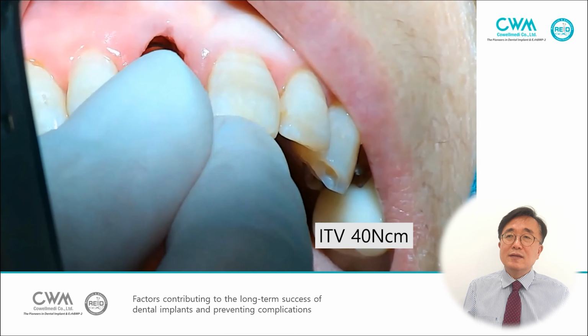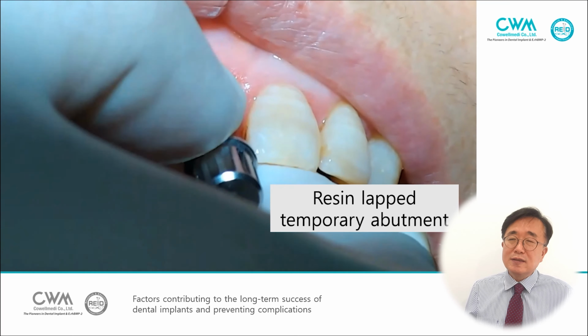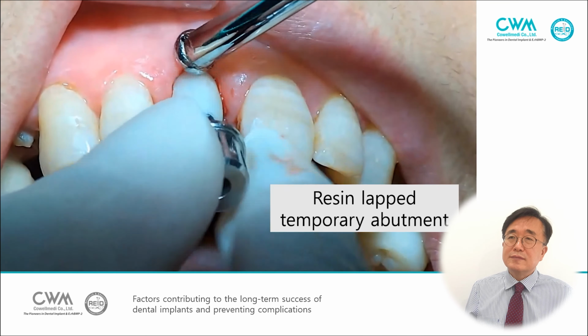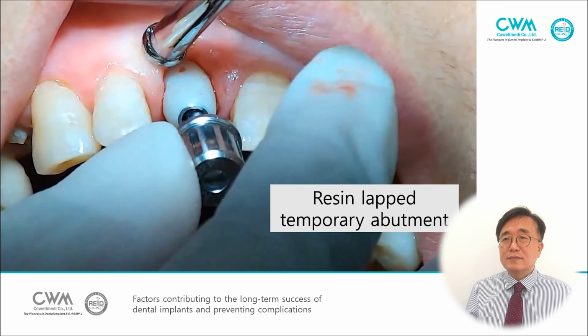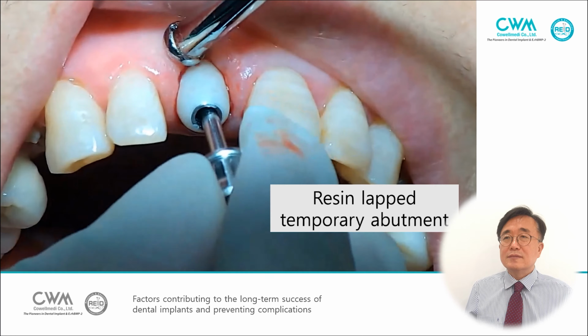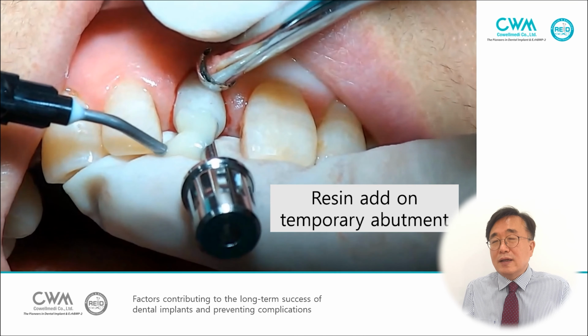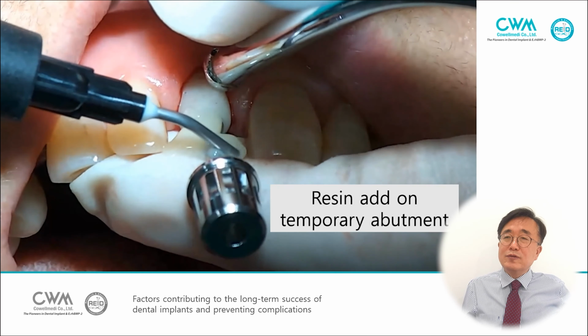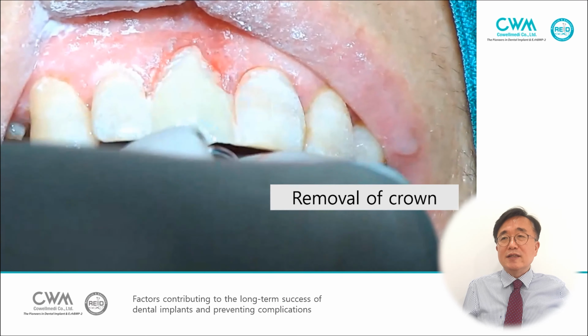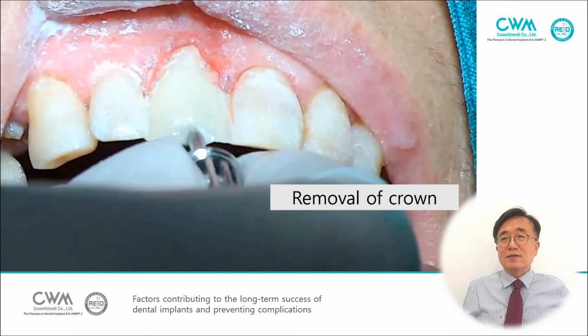And then a resin rapid temporary abutment is connected. And I used a provisional cylinder, and resin is added to the cylinder, and the crown is removed.